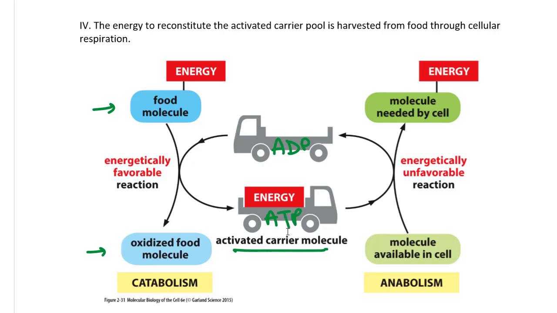Then you can use that activated carrier and couple it to reactions that are unfavorable and push those reactions forward, because otherwise those reactions will not happen. If you couple them, you add the two delta G's, and overall the delta G is negative, meaning you are increasing entropy overall, so the process can happen.